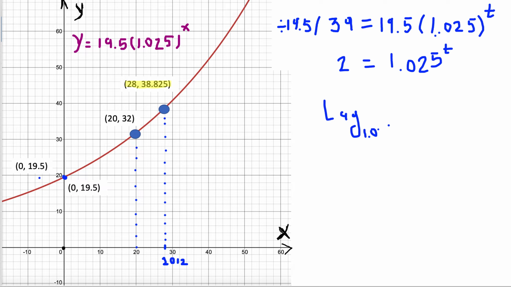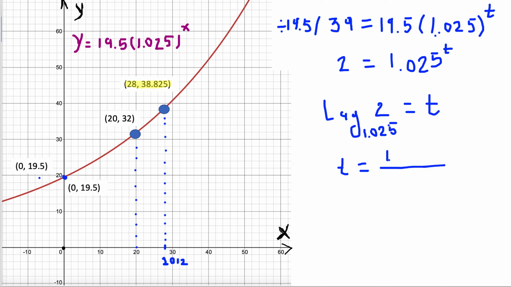But now it's very hard to find this in a calculator with this base, but this log we can convert into common logs, and t can be equal to the common log of 2 divided by the common log of 1.025.